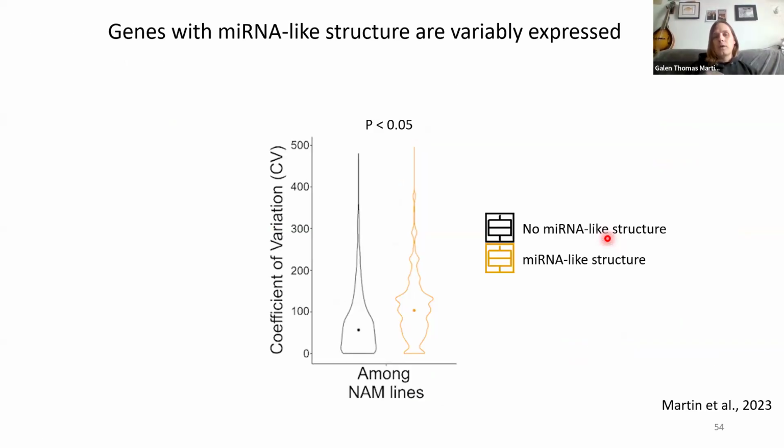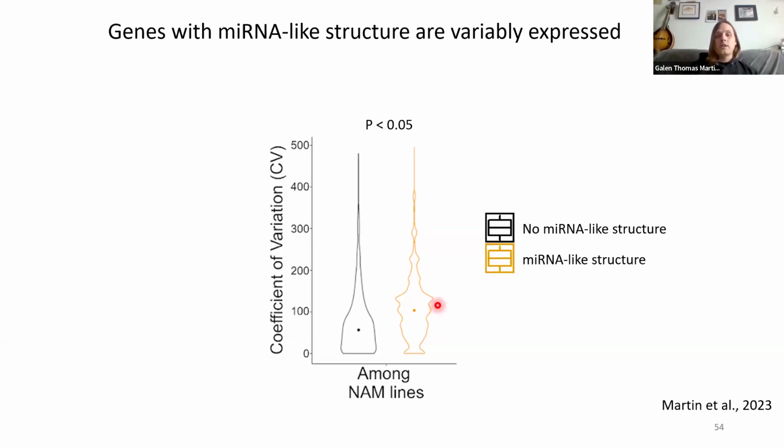And we looked for variation in structure, and this is a simplified version of that analysis, where this is the coefficient of variation in expression between genes that have these microRNA-like regions and genes that do not have them. And this coefficient of variation represents a normalized variability of expression among those 26 lines that's normalized for the actual magnitude of expression across different genes, right?